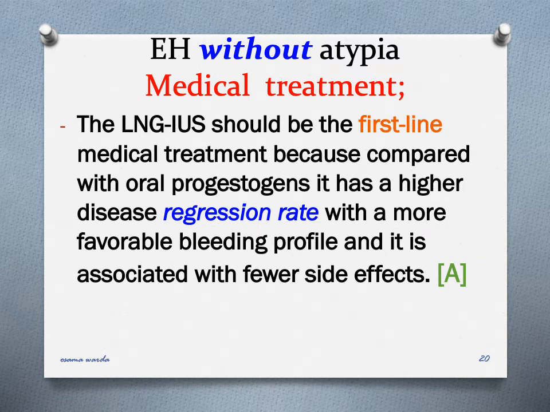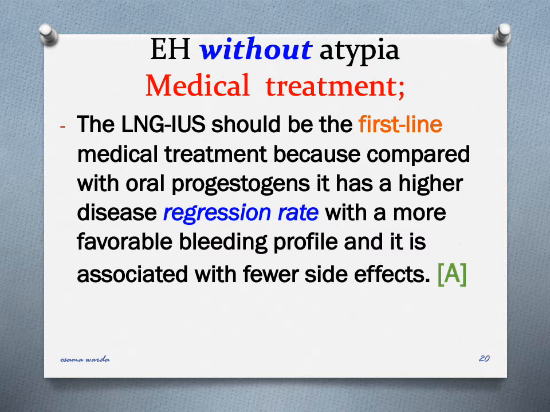The levonorgestrel releasing intrauterine system should be the first line medical treatment because compared to oral progestogen, it has a higher disease regression rate with a more favorable bleeding profile and it is associated with fewer side effects.